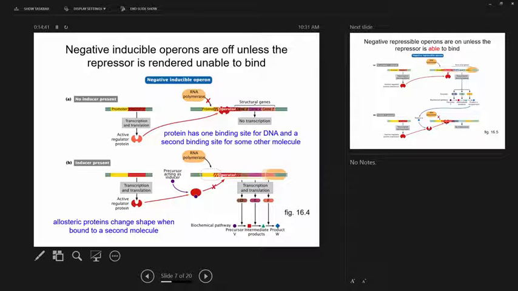So it's off unless it gets turned on, and the protein involved is a repressor protein, and repressors turn things off. So a negative inducible operon is always bound by a repressor protein unless the status quo changes.